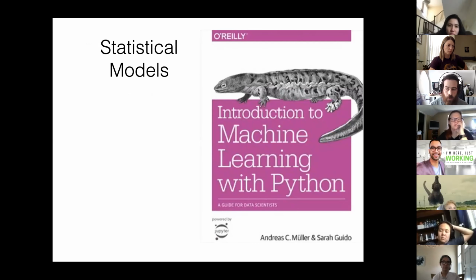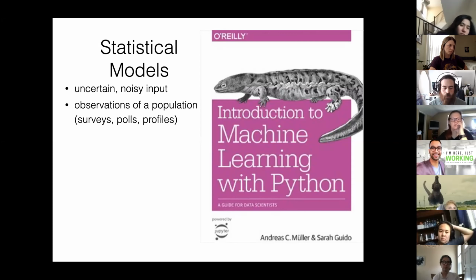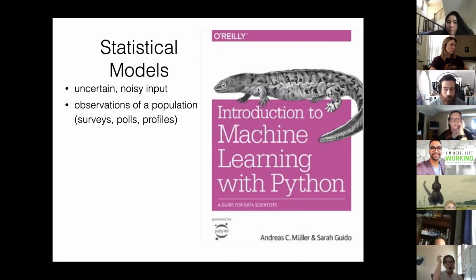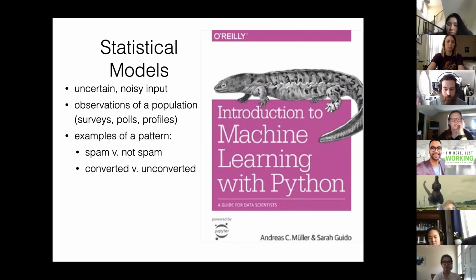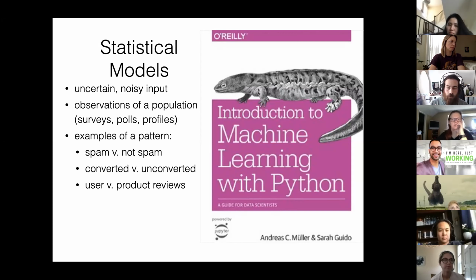A statistical model, on the other hand, is what you use when your input is noisy or uncertain. It's when your input is a bunch of observations of some kind of population, like surveys or polls or user profiles. Anytime you're collecting data, you probably want to use a statistical model. Any examples of a pattern, like spam or not spam, converted users versus unconverted users, users that bought your product or not, or users and product reviews.